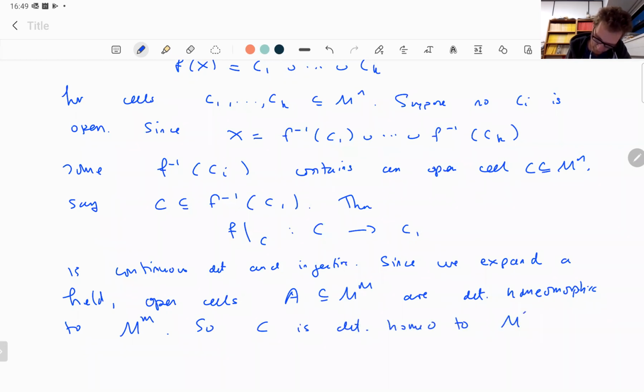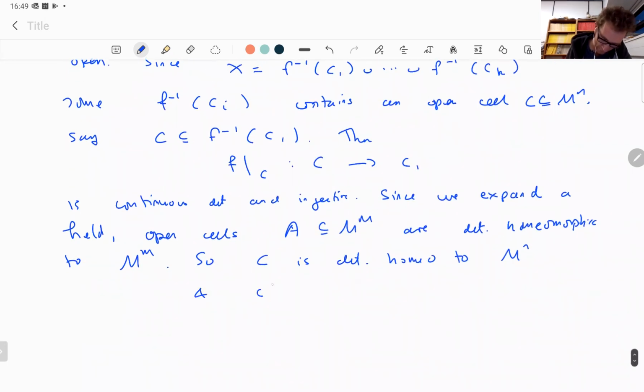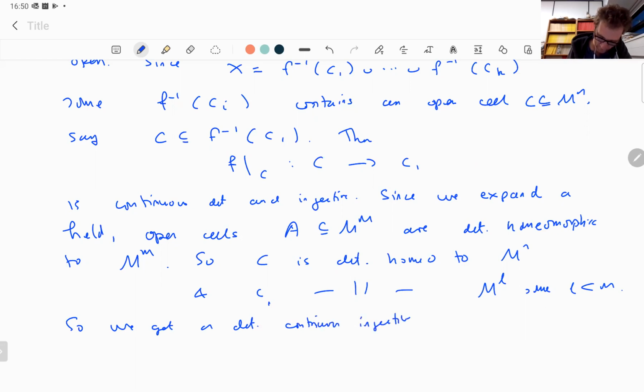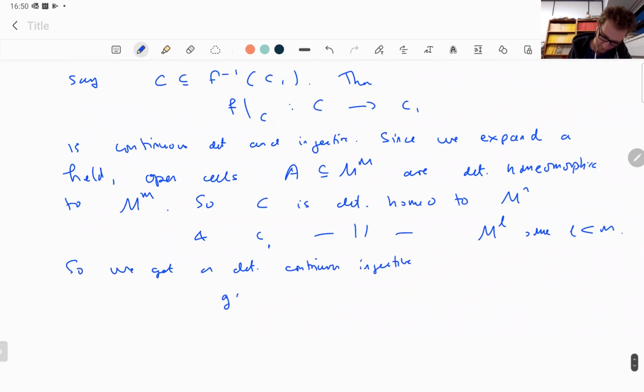And then composing with this, we get a definable continuous injective g from M to the n to M to the l.